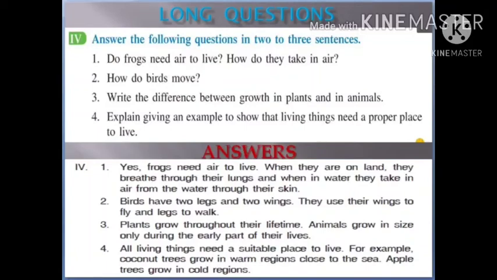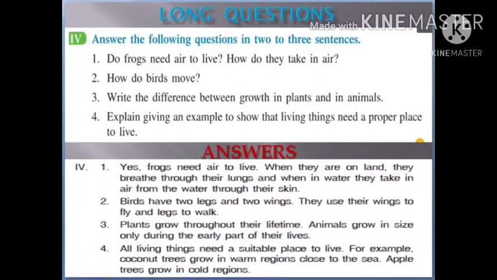Now the last question, explain giving an example to show that living things need a proper place to live. Answer, all living things need a suitable place to live.